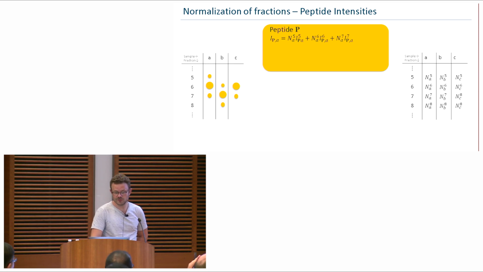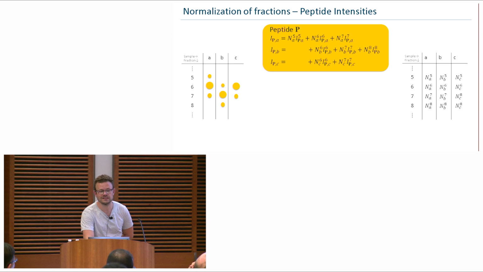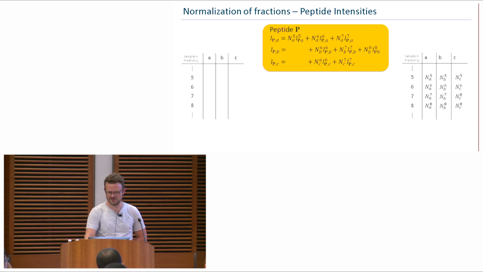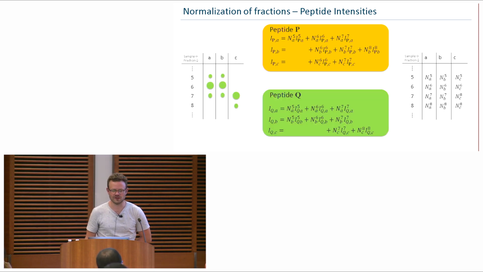So the peptide P is also present in sample B, but in other fractions, and also in sample C in other fractions, so only in 2 in this case. Okay, perfect. So we could calculate our intensity now for peptide P, and we could also do it for a peptide Q, which is green.